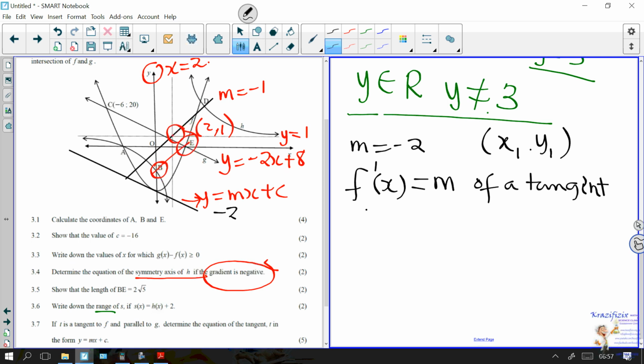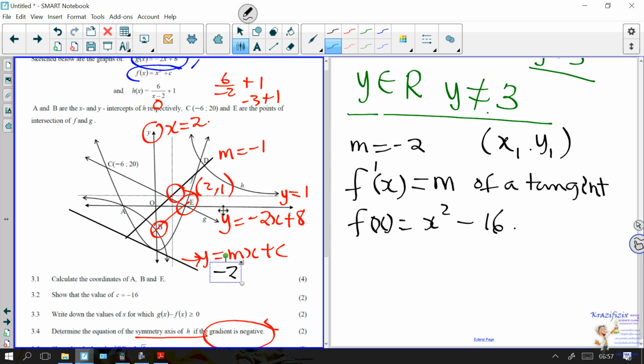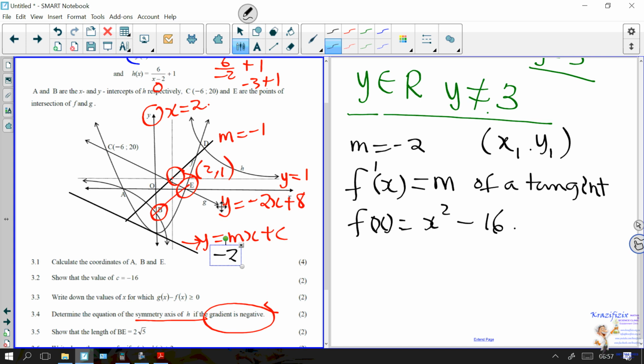So what's my equation? What's my f of x? Negative 2x plus what? 8. No, I'm talking about my function, not my straight line now, all right? It is x squared minus 16. Let's just confirm, yes, x squared minus 16.